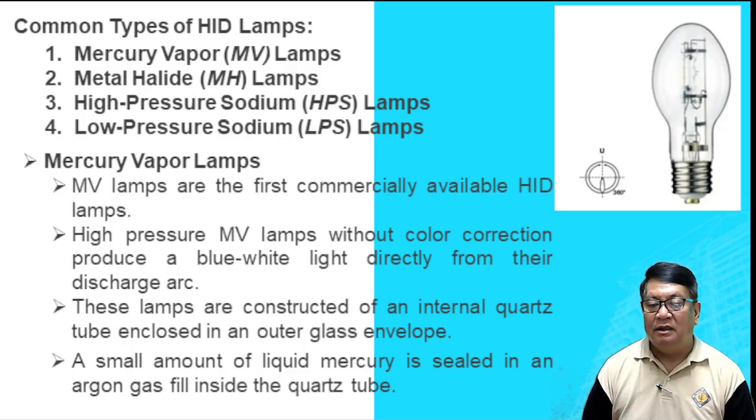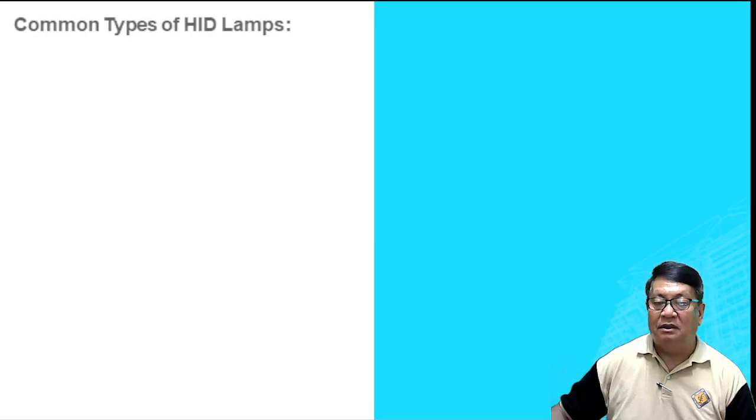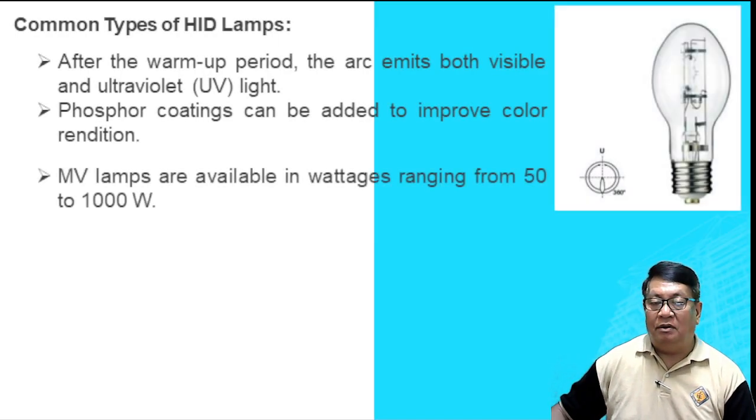These lamps are constructed with an internal quartz tube in which a small amount of liquid mercury is sealed in an argon gas fill. After the warm-up period, the arc emits both visible and ultraviolet light. Phosphor coatings inside can be added to improve color rendition.